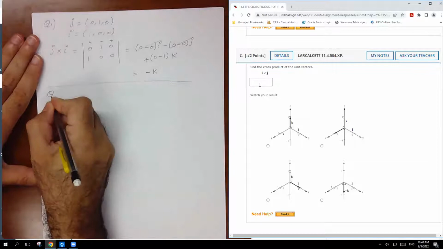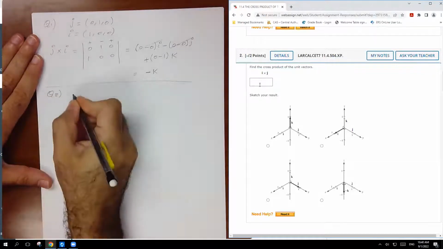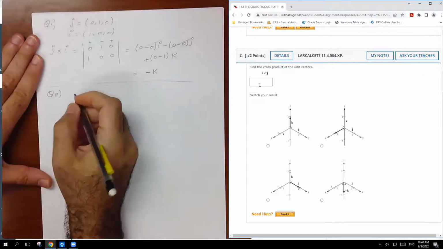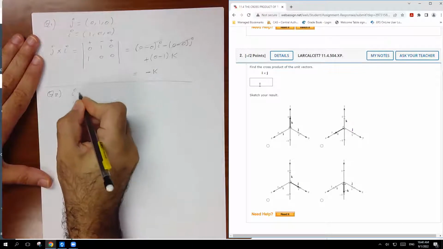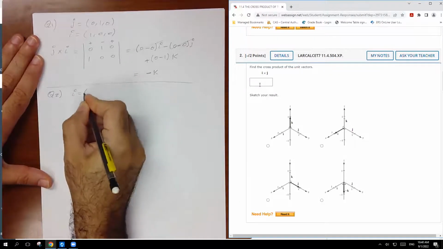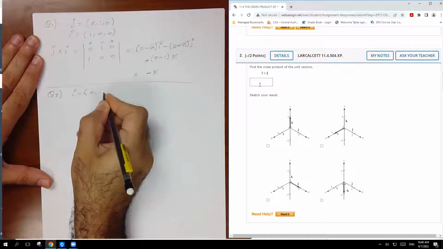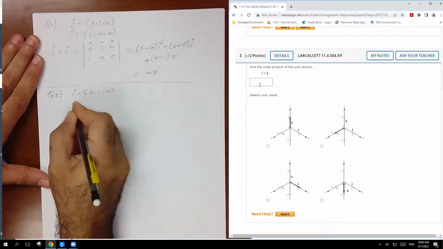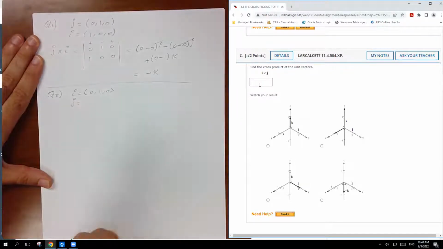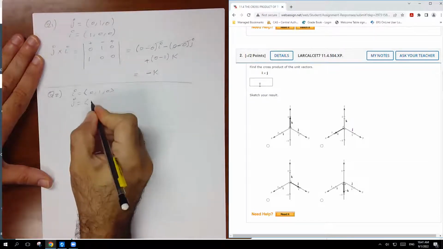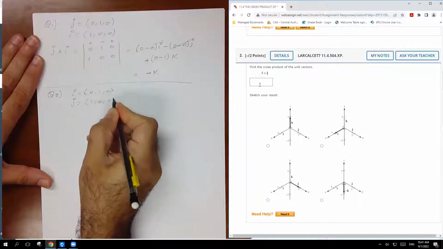So for the second one, we're going to multiply I times J. I is the vector 1, 0, 0, and J is the vector 0, 1, 0.